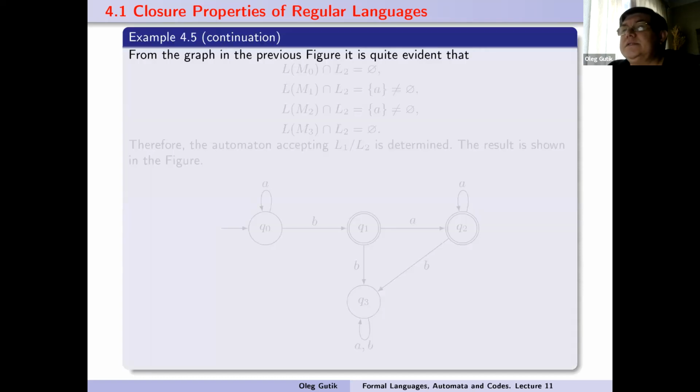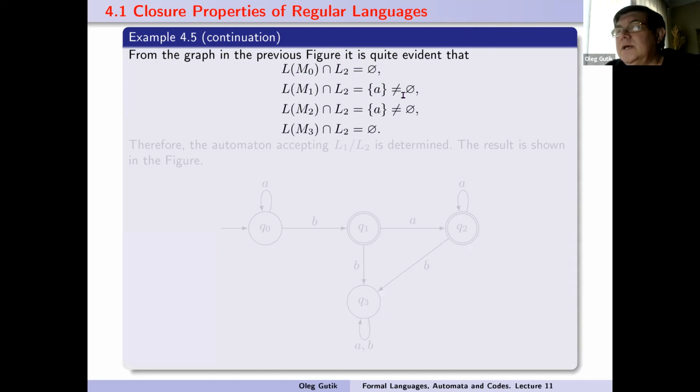On the graph in the previous figure, it is quite evident that L of M0 intersected with L2 is the empty set. L of M1 intersected with L2 is a set that consists of one element A, and it is not empty.